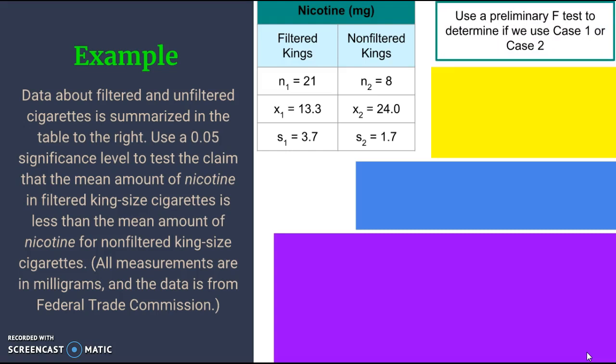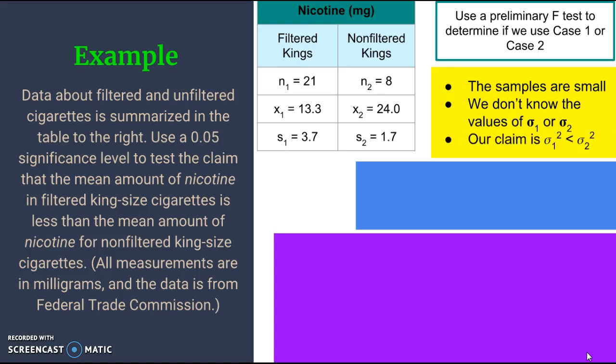And we are going to use your preliminary F-test to determine whether we use case 1 or case 2. So note to yourself that the samples are small, that we don't know the original standard deviation, and then our original claim is that my filtered is less than my non-filtered.